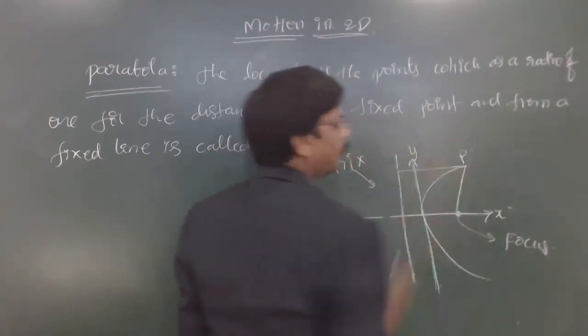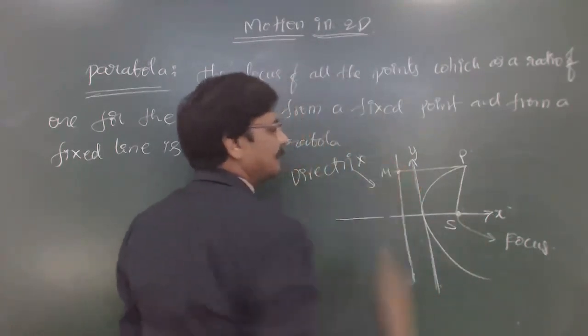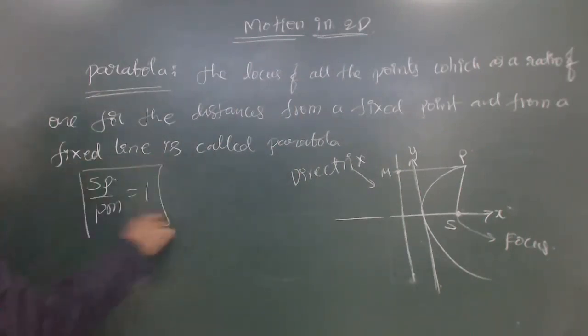So this point is P and this point is S, and this point if I call M, then SP by PM is equal to 1.